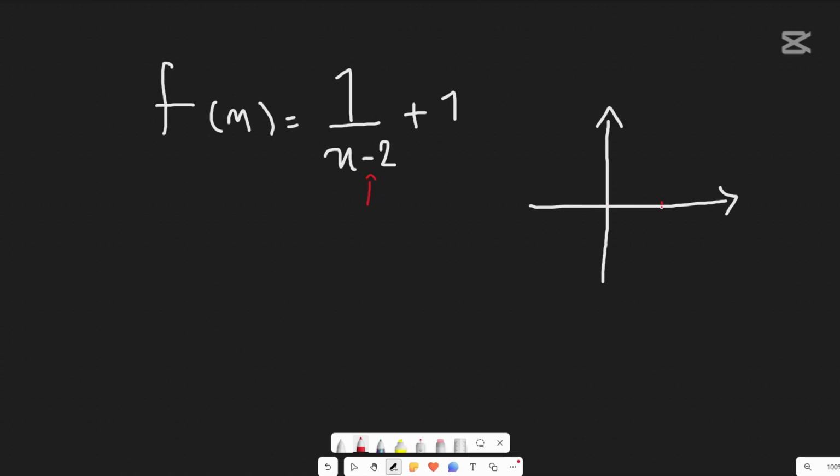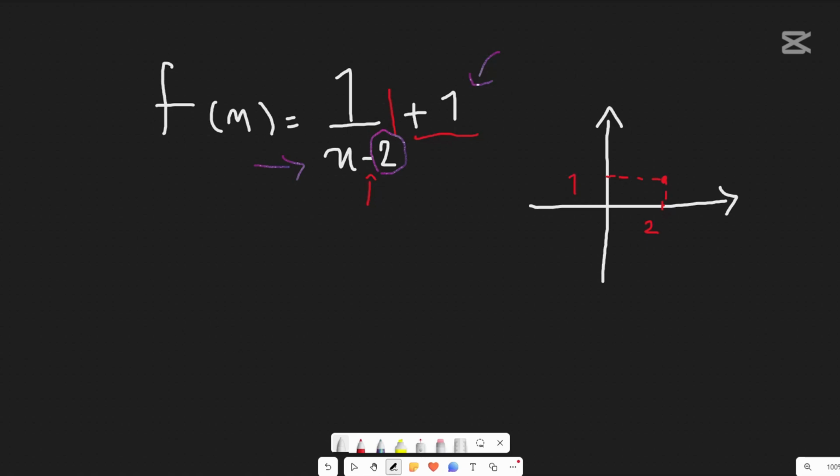So instead of 0, the starting point is 2. Since we have another plus 1 outside this part, the function shifts up by another 1 unit. So again, if this is positive, the function shifts up. If it's negative, it shifts down by that many units. Here, if it's negative, it shifts to the right. If it's positive, it shifts to the left by this many units.